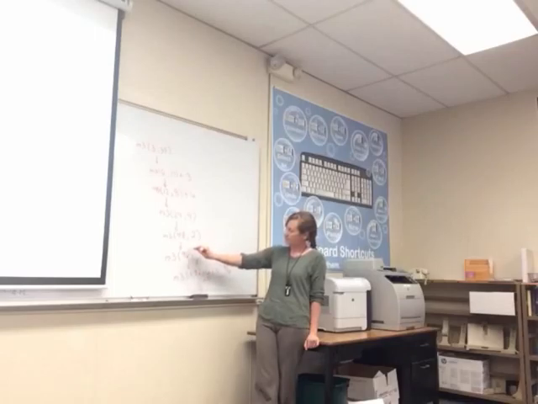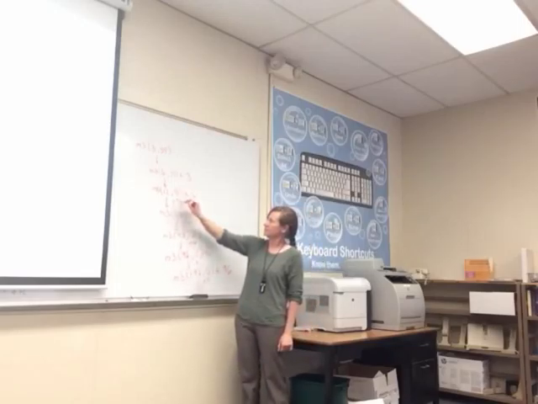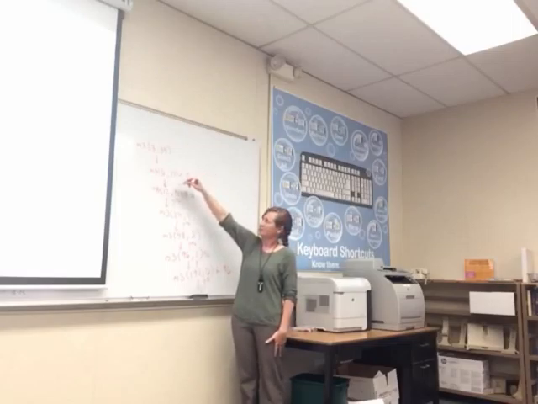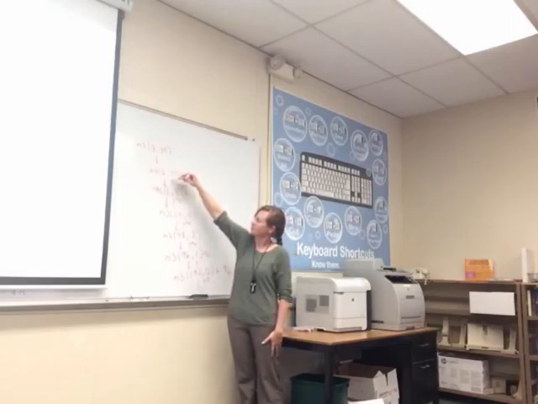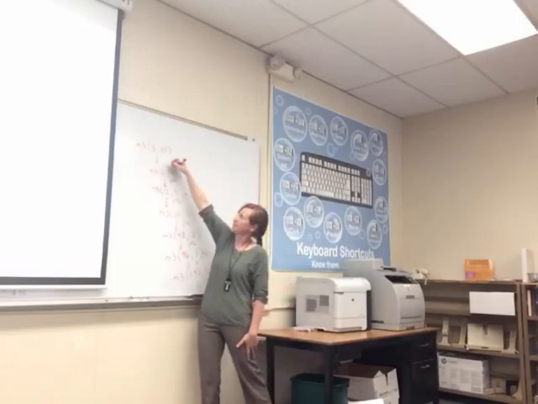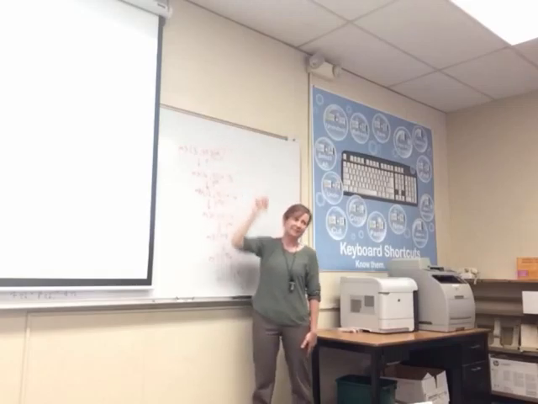This guy returns 96. This guy returns 96. This guy returns 96 plus 6. What's 96 plus 6? 102. 102 plus 1 plus 3. It would return 105. And that is your answer.